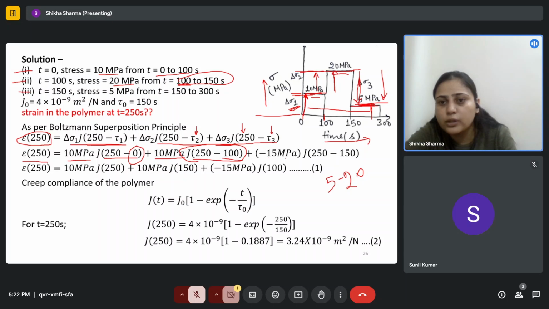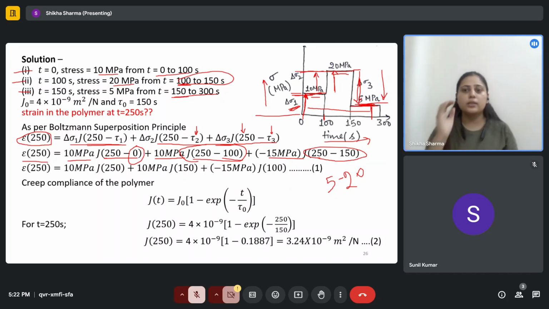So minus 15 megapascal into J, the creep compliance, at time 250 minus 150, because this 5 megapascal stress is applied from 150 to 300 seconds. So the base is 150, from 150 seconds it is applied. So 250 minus 150.